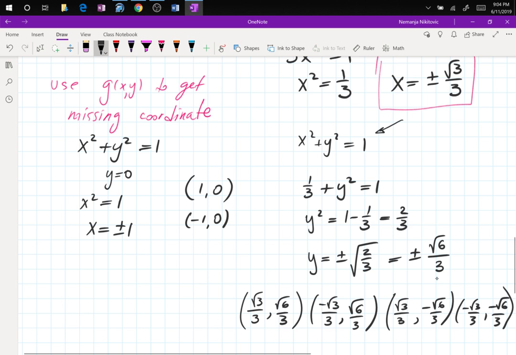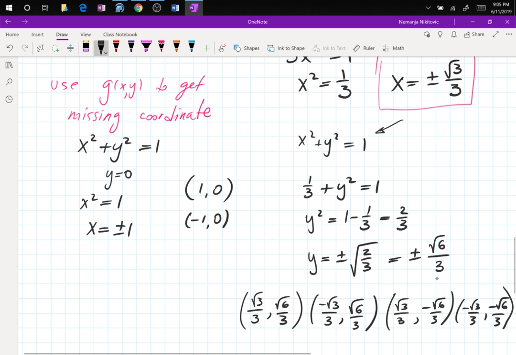Now that cookie is a disc. When you look at the edge of the cookie, you have all of these mountains. Those are the max values at these points, and the minimum values at the valleys. You have to sort them out with the second derivative to figure out which one is the min and which one is the max.